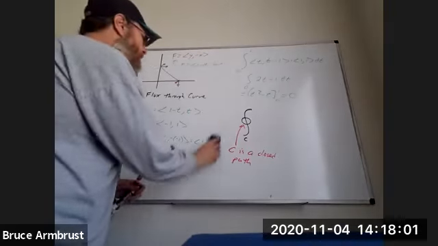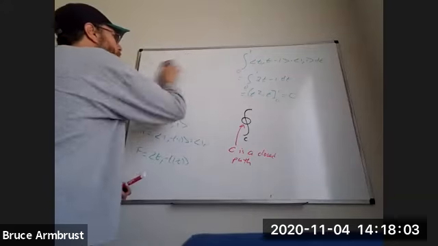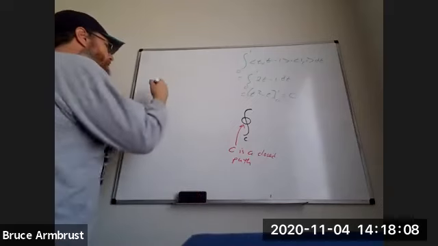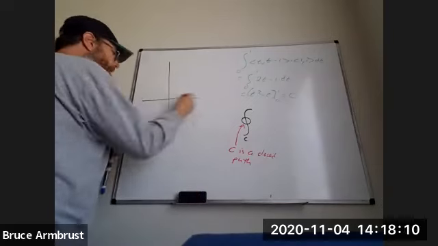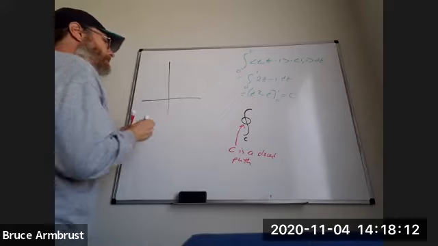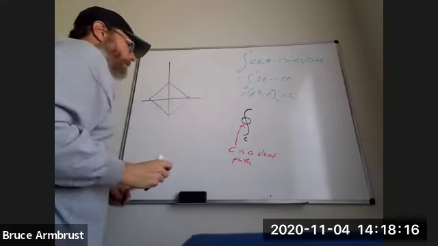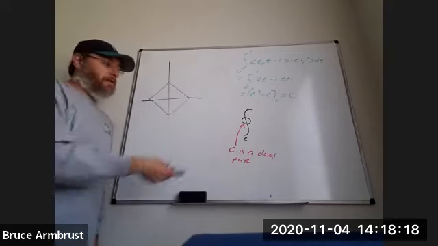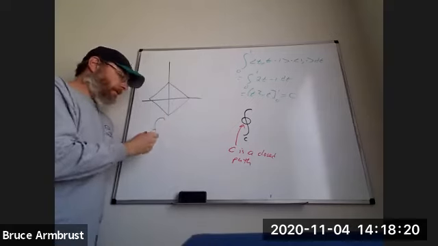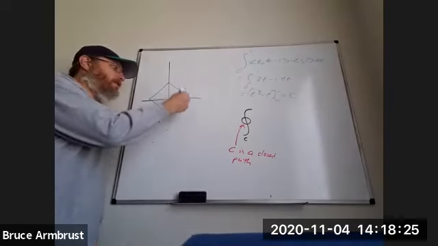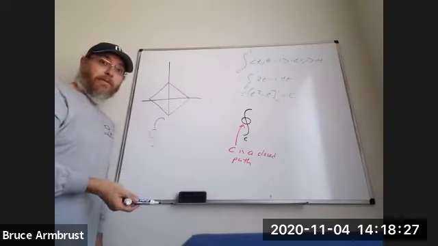So if we were to try to find the flux or line integral or whatever for this path, we could actually use this symbol. This symbol would say, okay, we're going to integrate over the entirety of this curve.